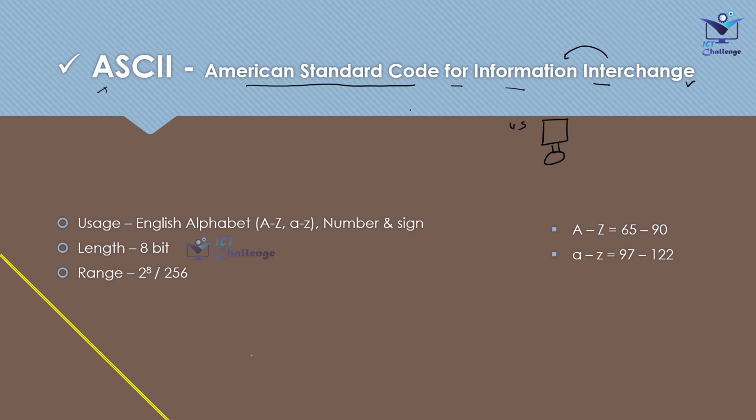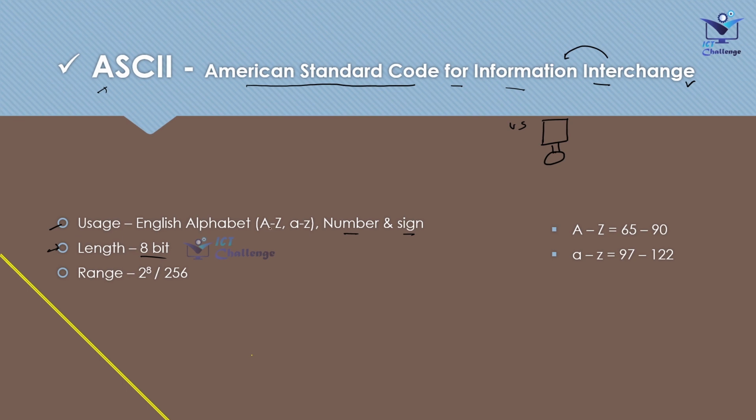Yes, sir. Okay. So what is the use case actually? The usage is English alphabet A to Z, capital and smaller, and numbers and signs. For those things, the ASCII code generates binary. Here the length of the unique identity is 8-bit.